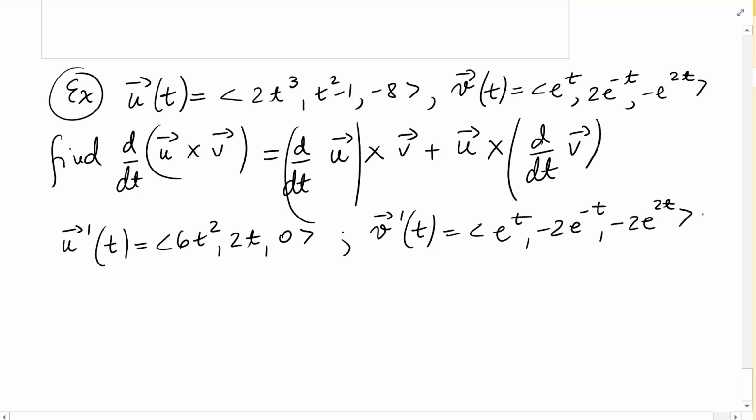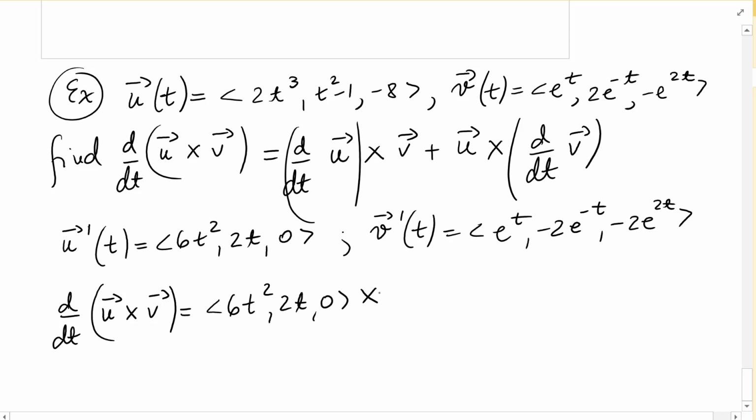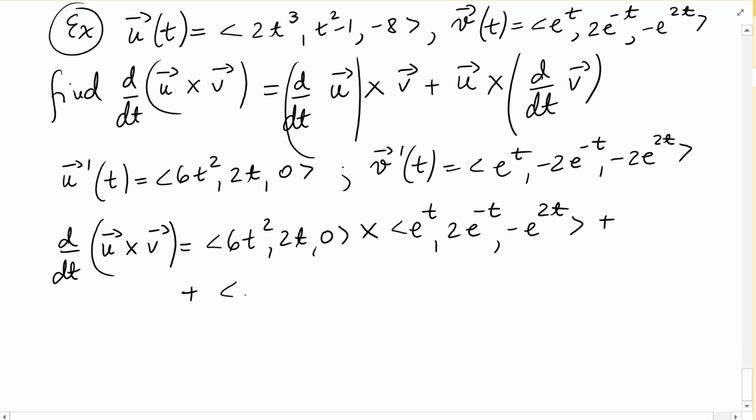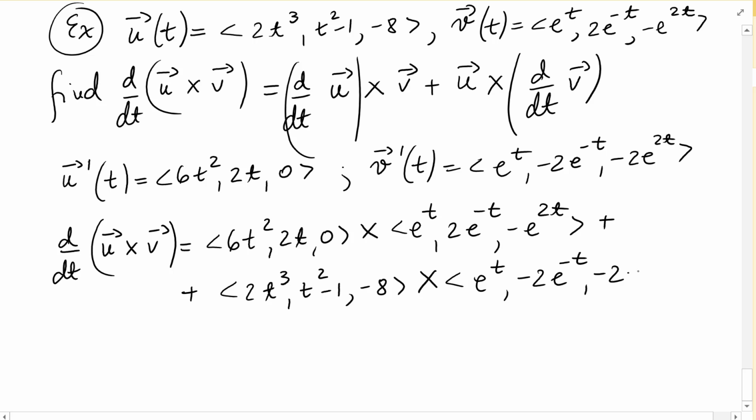So the derivative of u cross product v is equal to 6t squared, 2t, 0 cross product v, which is e to t, 2e to negative t, negative e to 2t, plus u, 2t to the third, t squared minus 1, negative 8, cross product v prime, which is e to t, negative 2e to negative t, negative 2e to 2t.